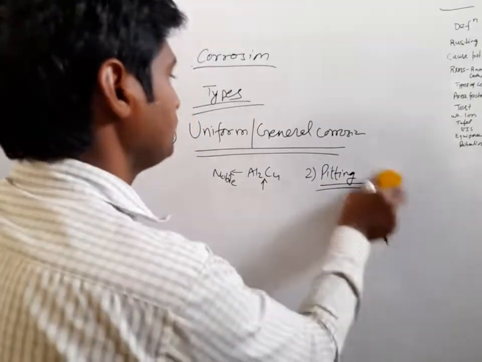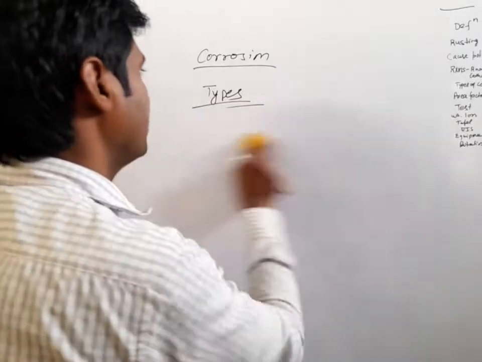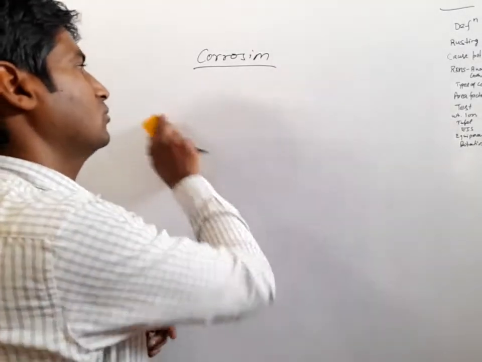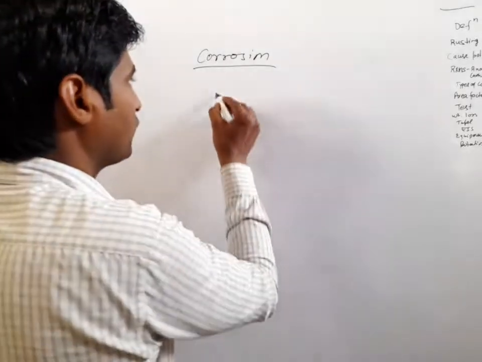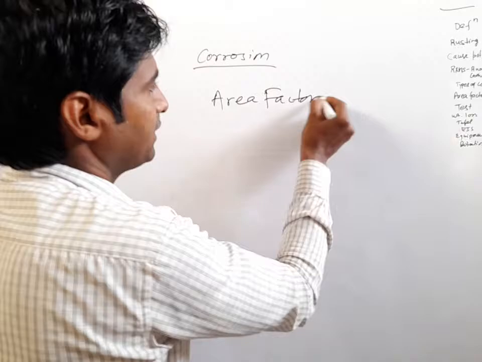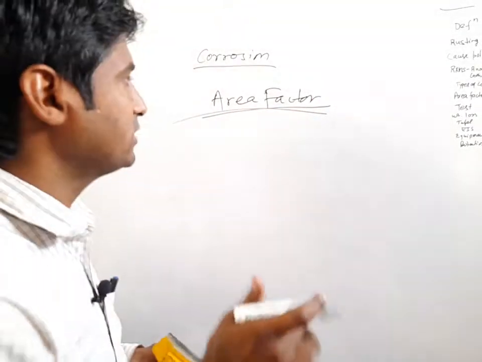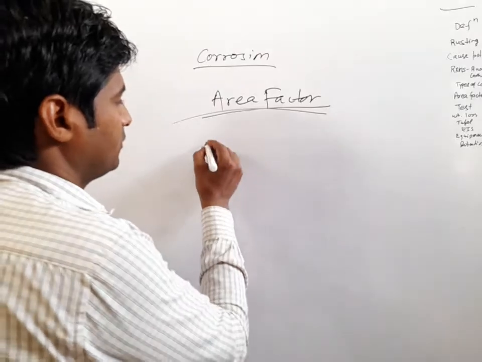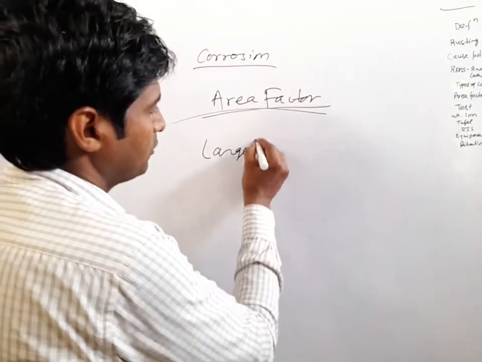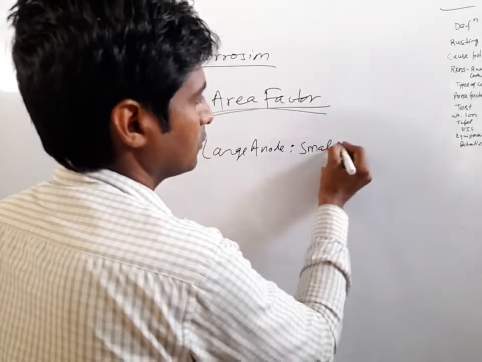And there is one more very important thing, the area factor. When we are designing some structure, we always have to keep a large anode and a small cathode.